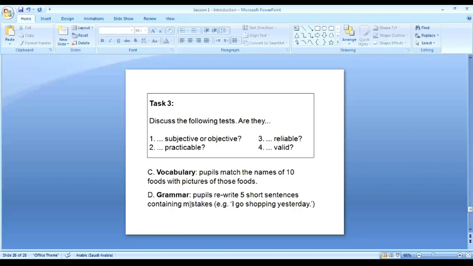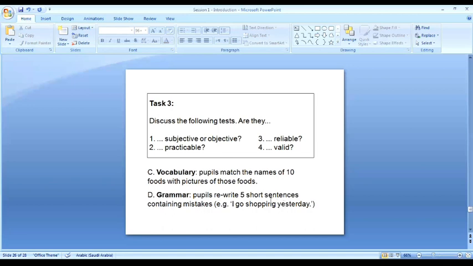D, grammar. Pupils rewrite 5 short sentences containing mistakes. Example, I go shopping yesterday. This sentence is incorrect. The students are going to correct it because I can't say I go shopping yesterday. I go shopping every day, not yesterday, or I went shopping yesterday.